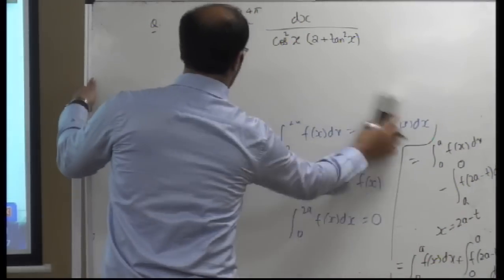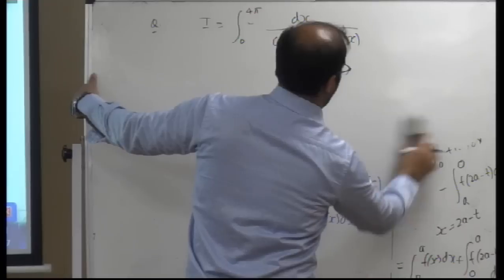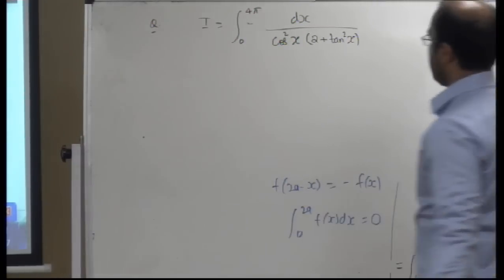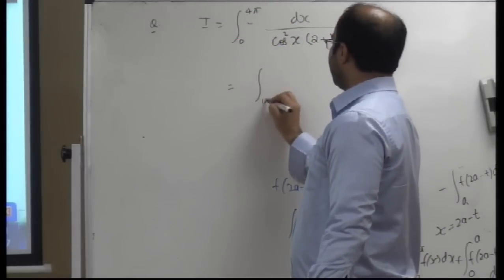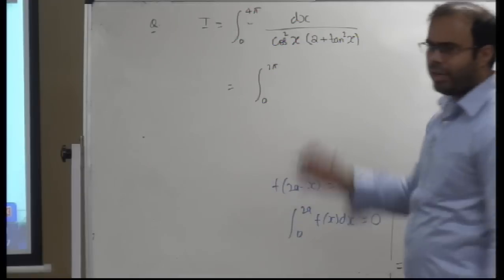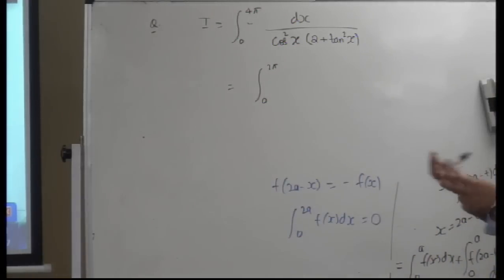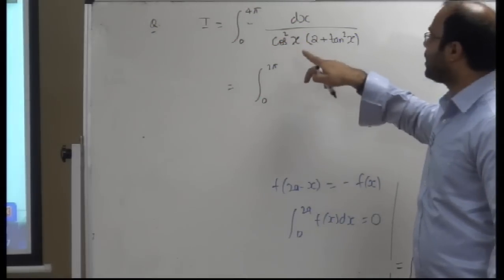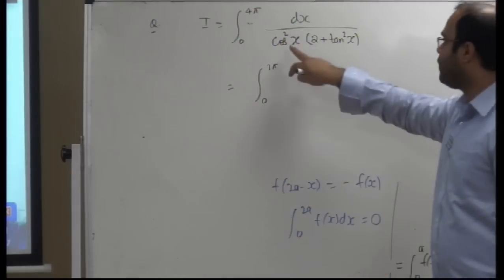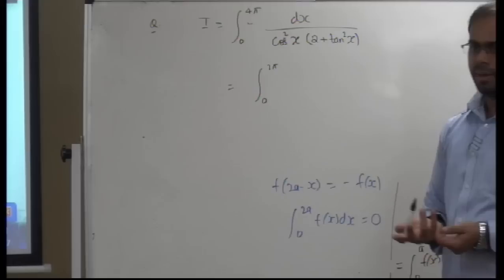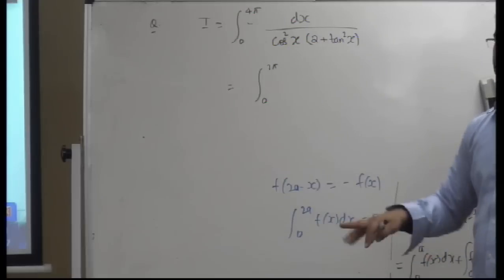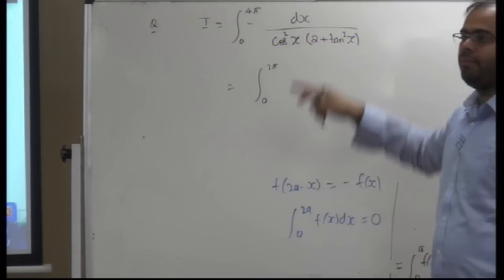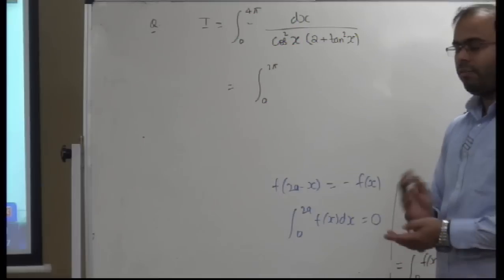In this case again, if you see, this can be written as 0 to 2 pi, and one thing you can do, instead of applying that property, you can see its corollary. What will happen if you put x as 4 pi minus x? So this will become again cos x. Cos of 4 pi minus x will become cos x, and tan of 4 pi minus x will become minus tan x, but here it is a square, that will make tan positive. So there won't be any change.